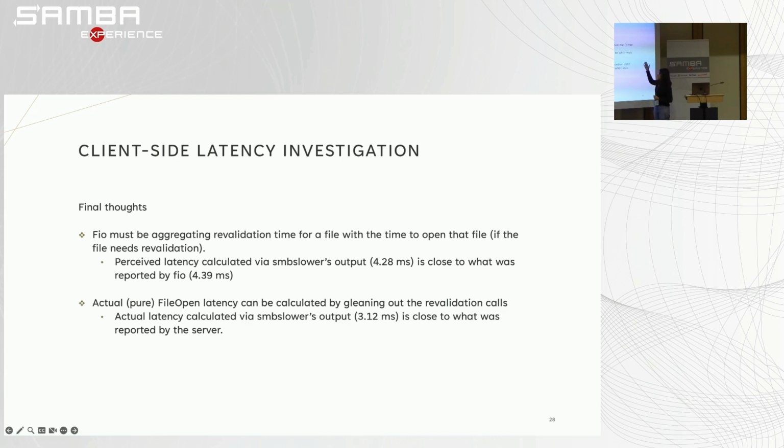Second, since this is happening, what is the actual file open latency that the client might be seeing? You can glean out the revalidation calls, and the actual latency would be 3.12 milliseconds, which was very, very close to what the server was also reporting.